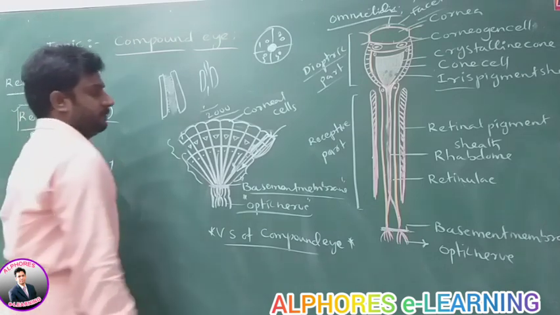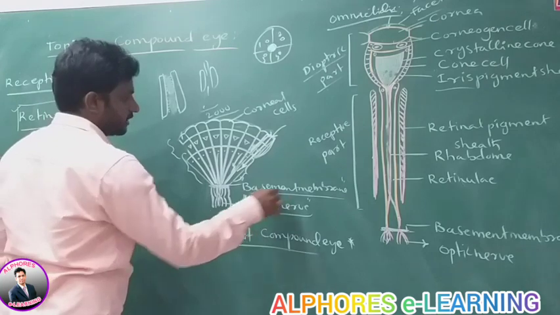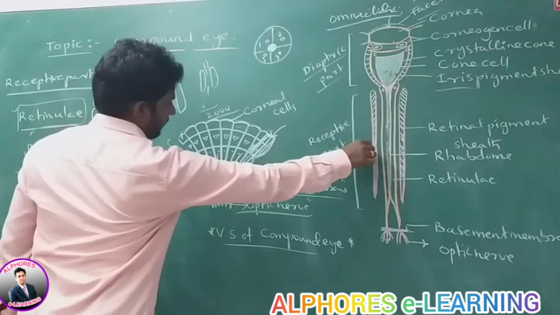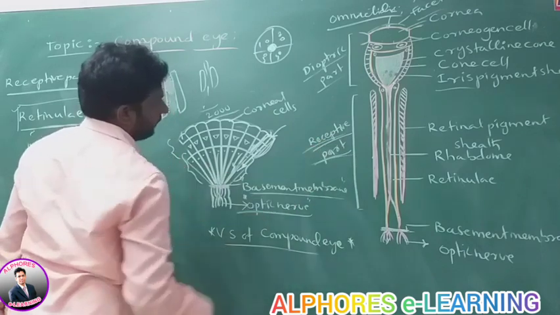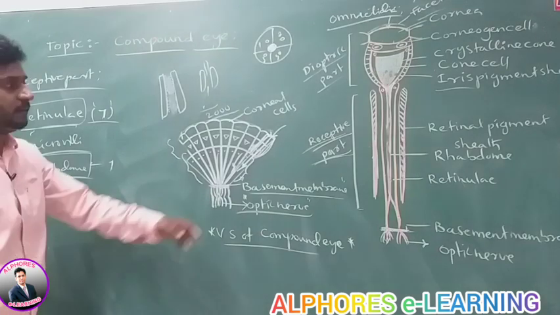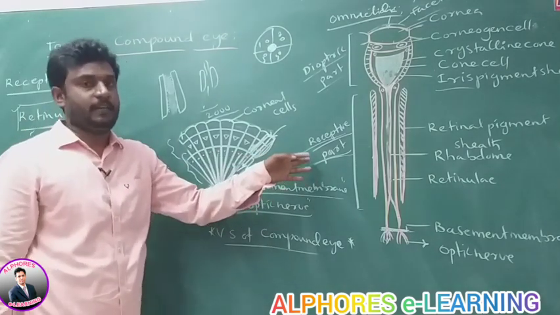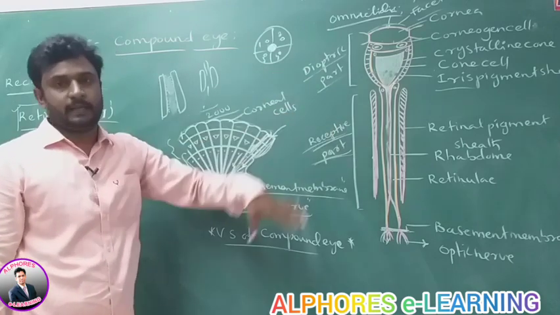Then from the basement membrane one nerve arises, called the optic nerve, which collects the impulses from here. Actually the image is formed here only. In the receptive part the image is formed. The photoreceptor region is involved in the formation of image. So these are the two parts present in one ommatidium.